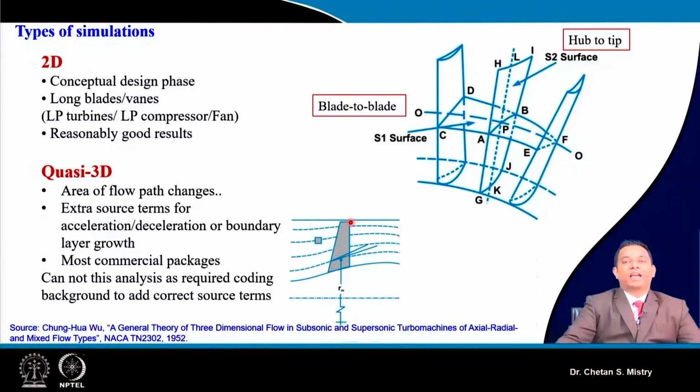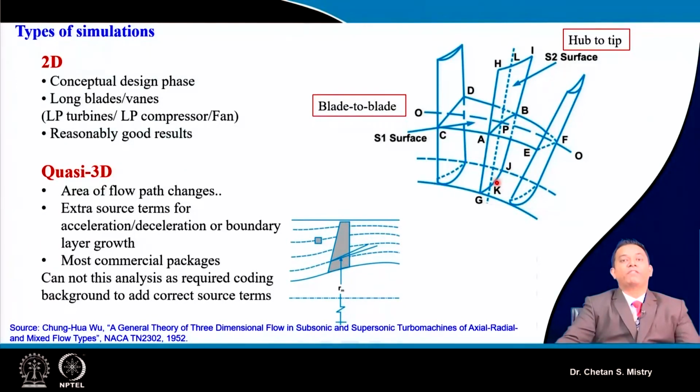Later on people realized this is very much needed, and that was the initiation of the development of computational tools. To analyze this, he took two surfaces, the S1 surface and the S2 surface. The S2 surface goes from hub to tip, and it is considered to be non-curved.